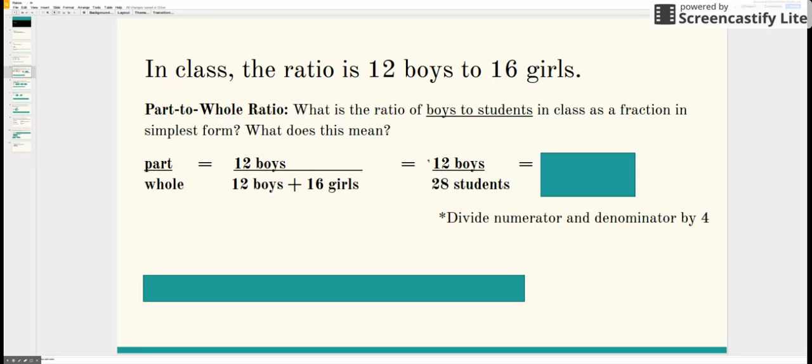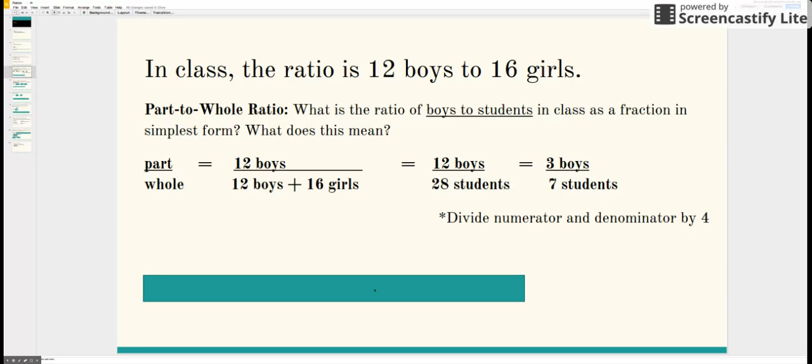Now let's simplify this. 12 boys over 28 students simplifies to, well, let's divide by a common factor here. So we can divide 12 by 4, and we can divide 28 by 4. 12 divided by 4 gets you 3. 28 divided by 4 gets you 7.